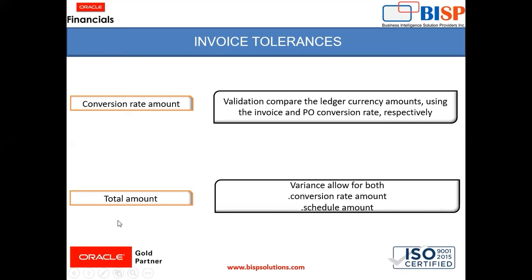And the last one is total amount. As discussed above also, it allows variances for both conversion rate amount and schedule amount in combination. So these were all the various types of invoice tolerances which you can fix or give according to the requirement.